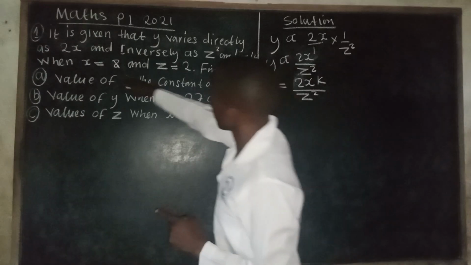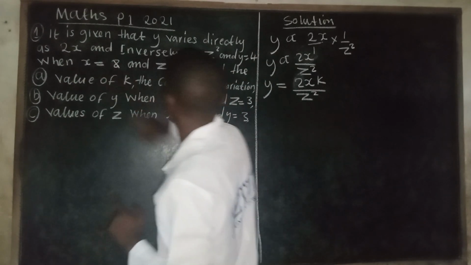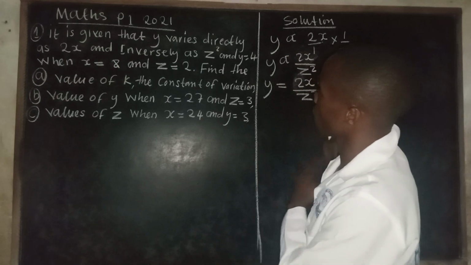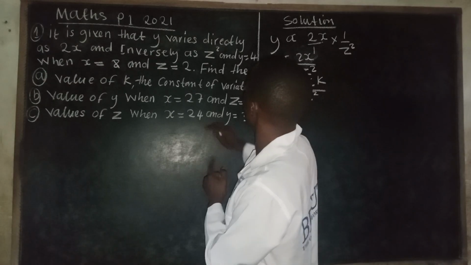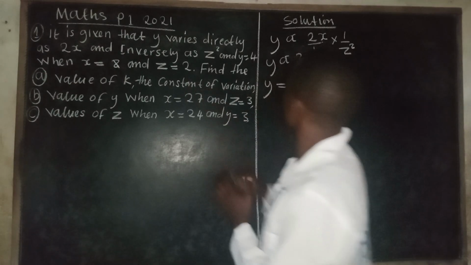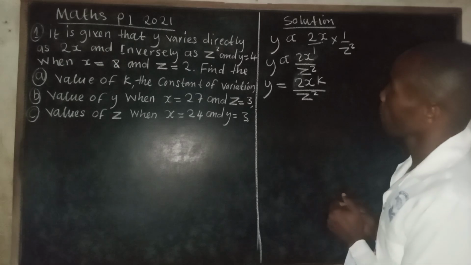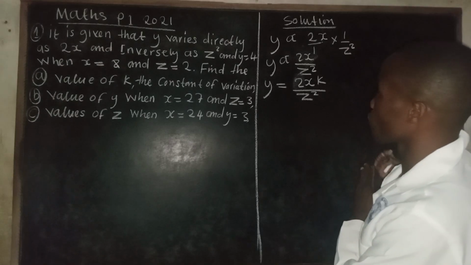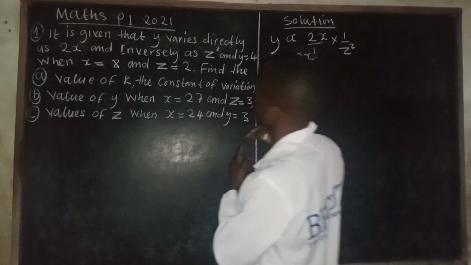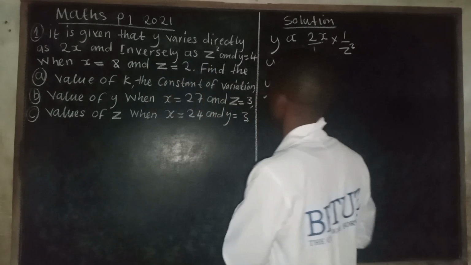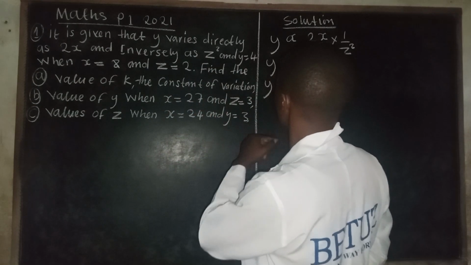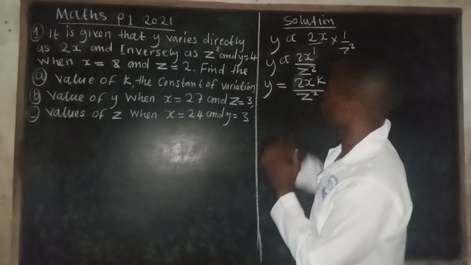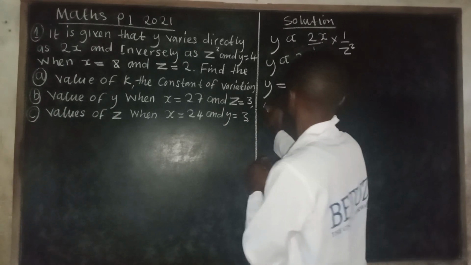Here we are given x is equal to 8. That means where there is x, we are going to put 8, we substitute. Then z is equal to 2. What else are we given apart from that? We have y is equal to 4. So let's put 4 where there is y.